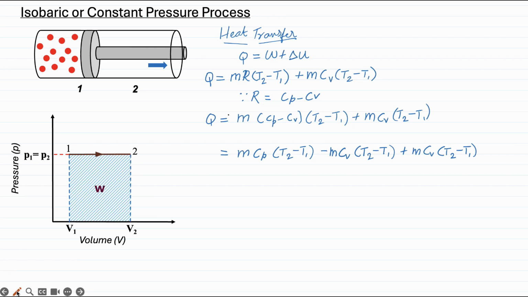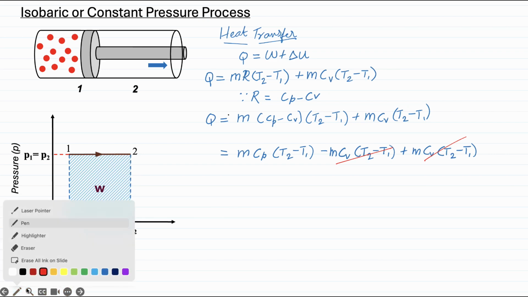And as we can see, the common factors can be cancelled out, that is minus m Cv (T2 minus T1) plus m Cv (T2 minus T1) get cancelled.